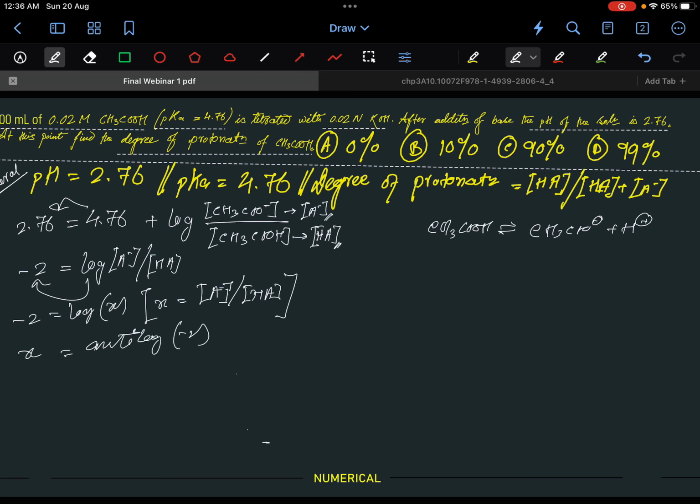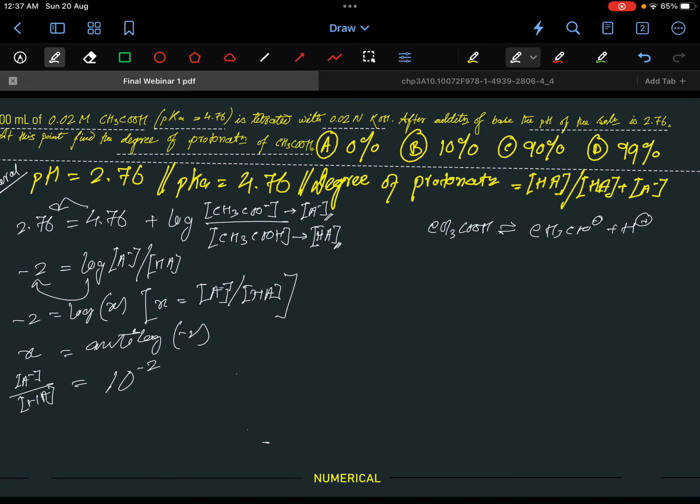From the logarithmic properties we know that anti-log is not a fancy term, it is nothing but 10 to the power. So x is equal to A minus concentration divided by HA.